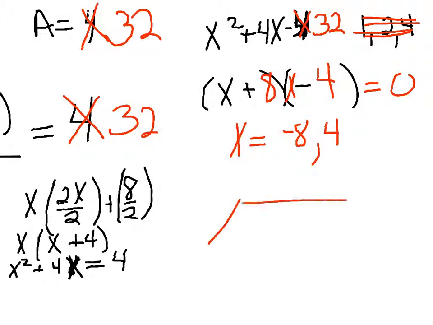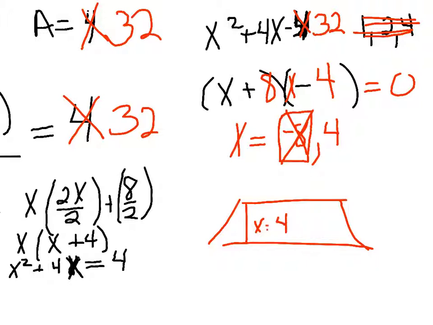Now looking again at my trapezoid figure, I had an x here. Could I ever have a negative number for a distance? No. So I drop out the negative answer because it's an extraneous solution. It seems to be correct, but it doesn't fit the story problem. So I know now that my x is 4.